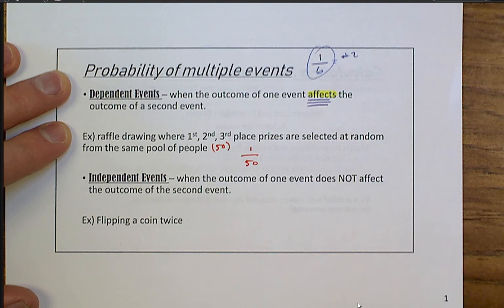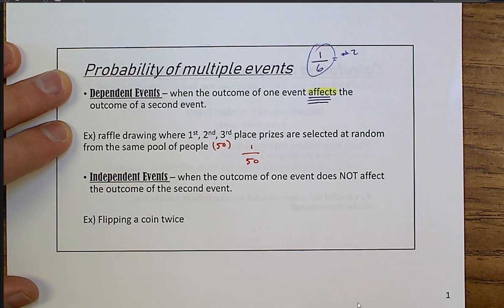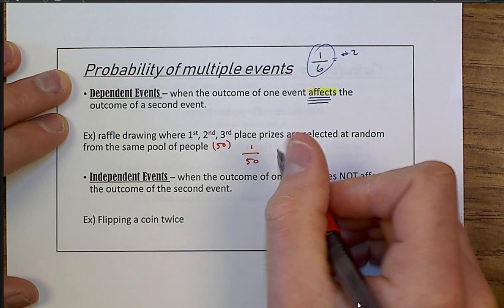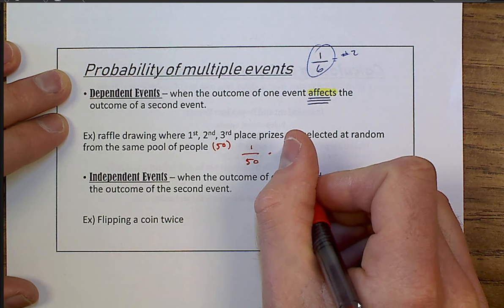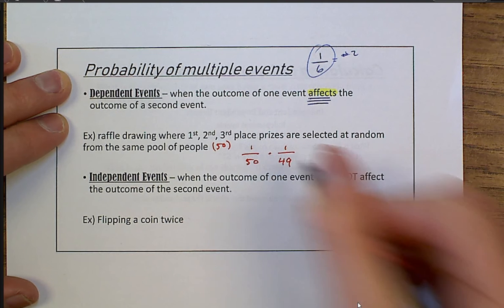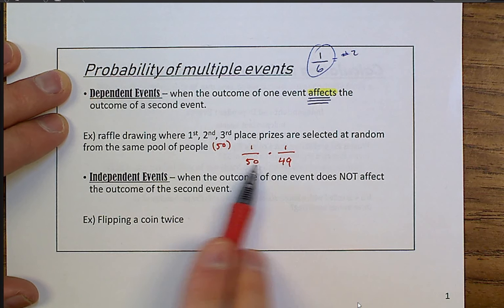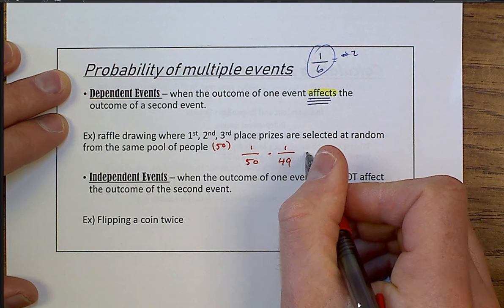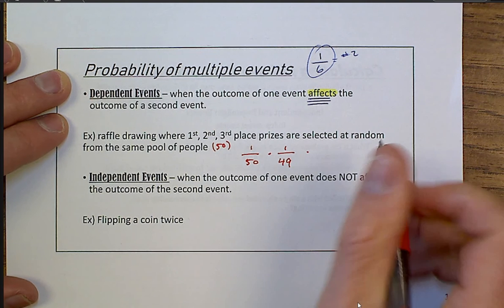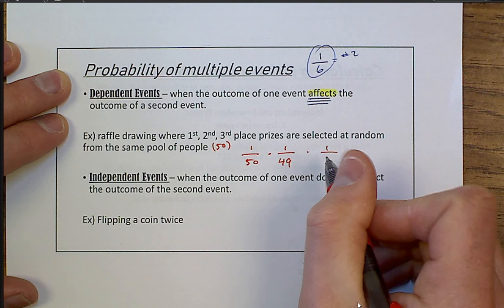But as soon as someone wins that third place prize, they are no longer eligible for second place. So to win second place, there's a 1 in 49 because the person who won third place is now removed from the pool. And then you have 1 in 48 for first place.